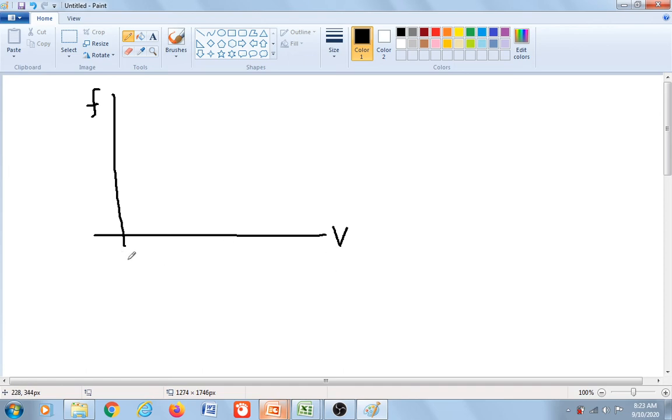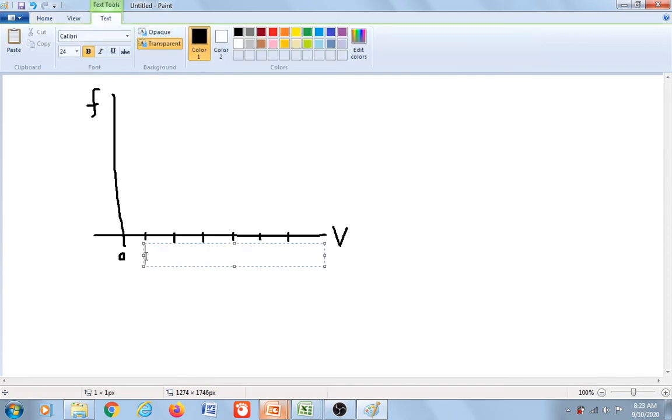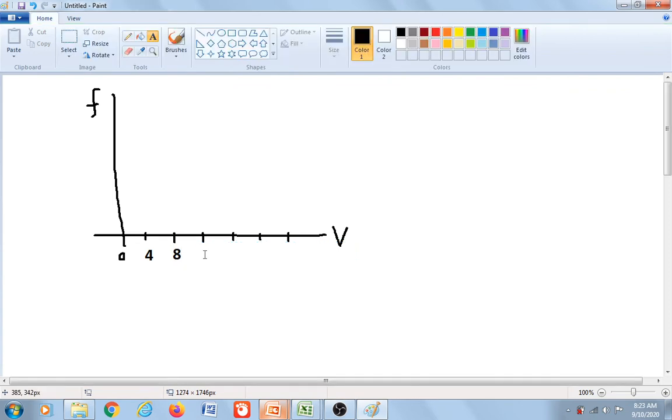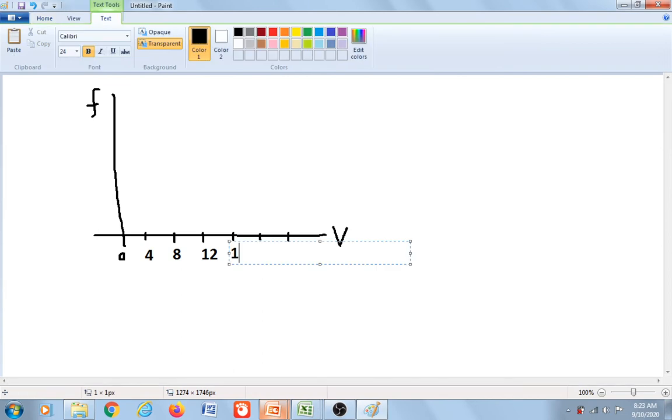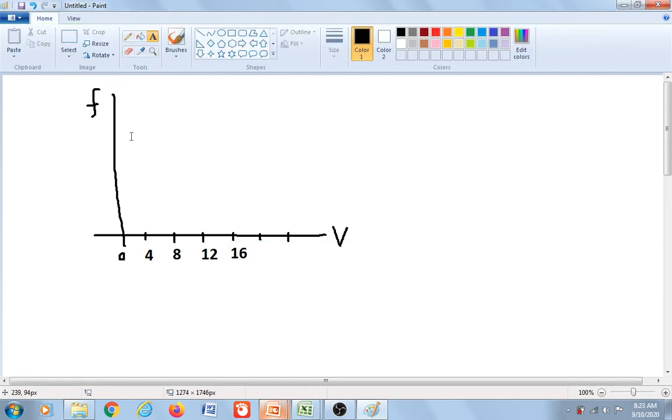So we may start the interval from 0. Maybe here we have 4, and here we have 8, and then 12 and 16, for example. Now here, from 0 to 4, we call the interval number 1.